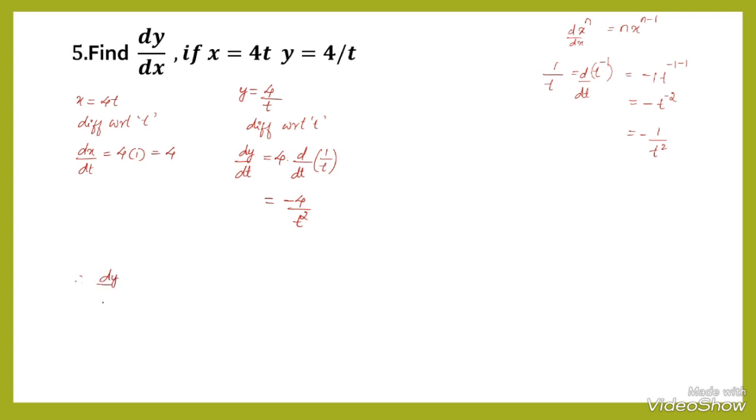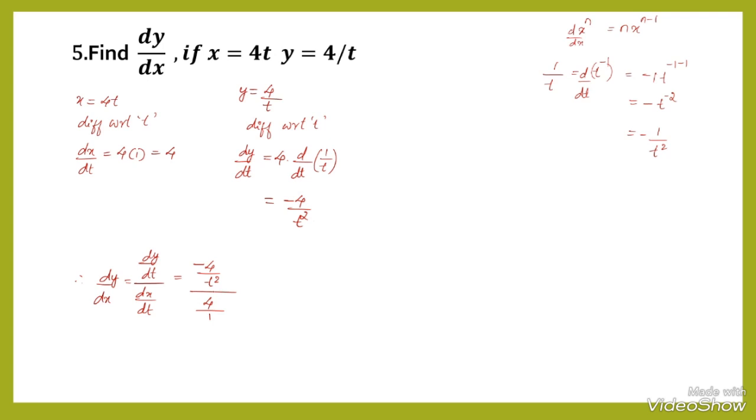dy by dx is equal to dy by dt divided by dx by dt. Next, dy by dt is minus 4 by t square, whole divided by dx by dt, which is 4 by 1.